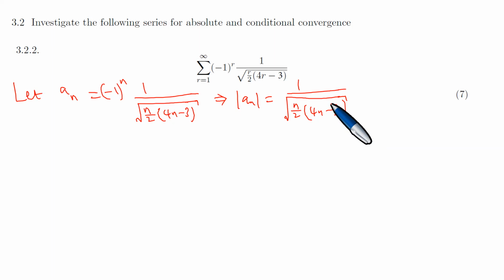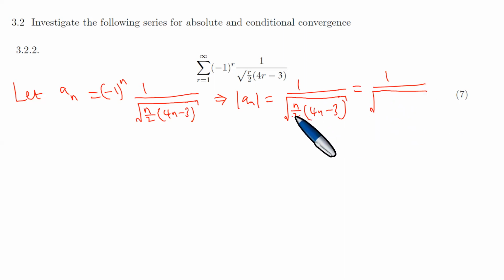When you have these, that is our a_n. And then what can you choose b_n to be here? You can even write it like this.